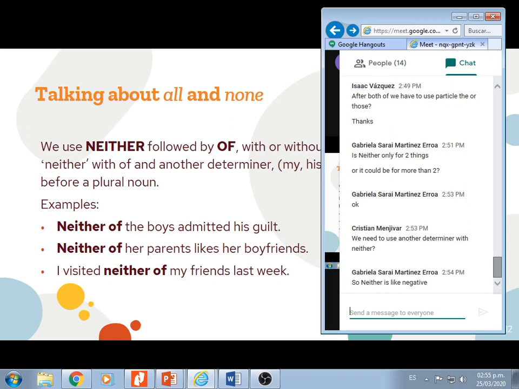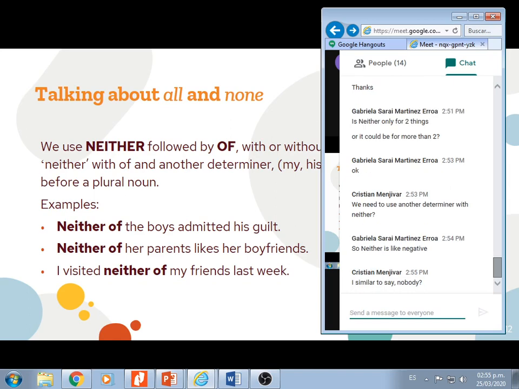Another example, or maybe question? Yeah, it is the same. So you cannot say nobody. Let's see. Nobody isn't going to the university right now.